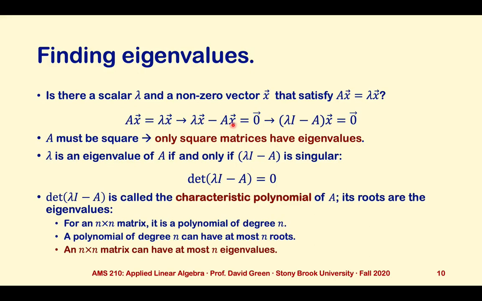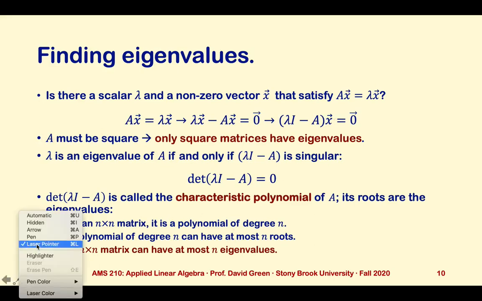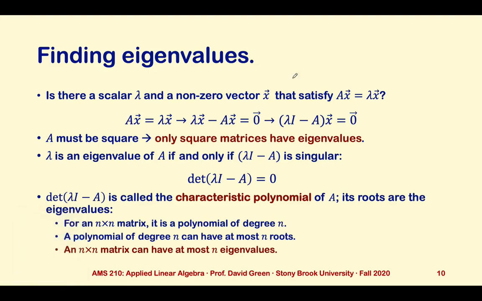We can't factor it directly, but if we multiply lambda by I, then we can factor this out and give a general expression here as long as A is square. Actually, we know already that A must be square if we think a little bit about what this expression requires.